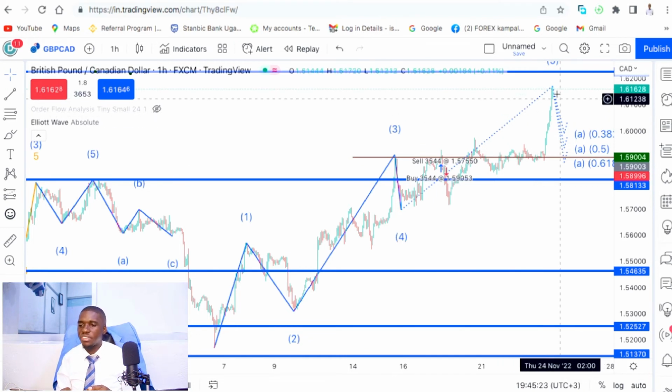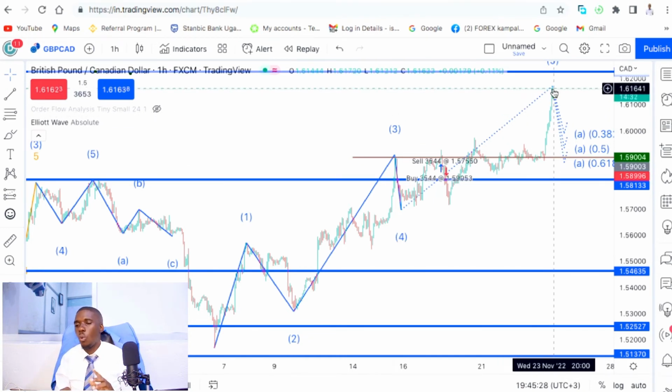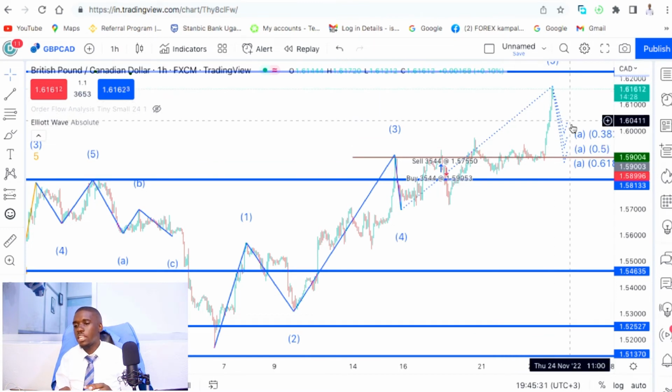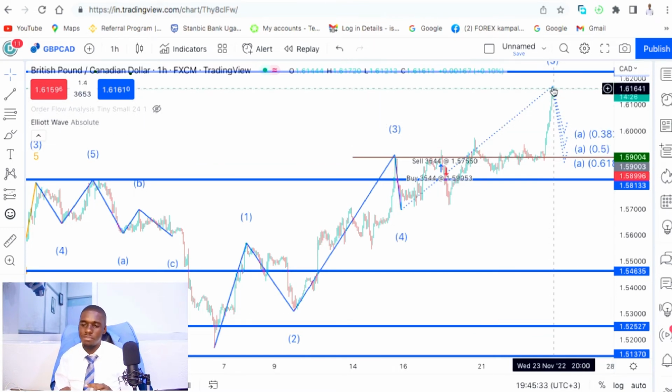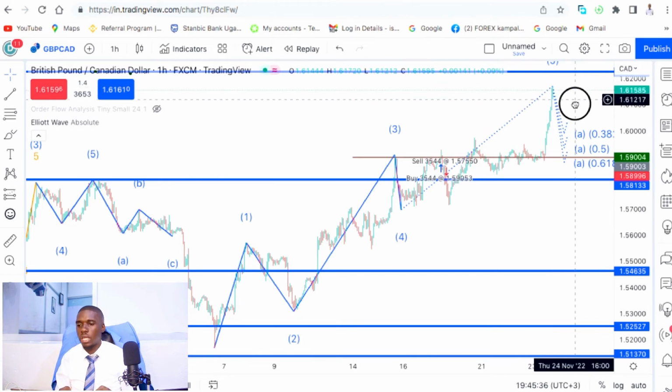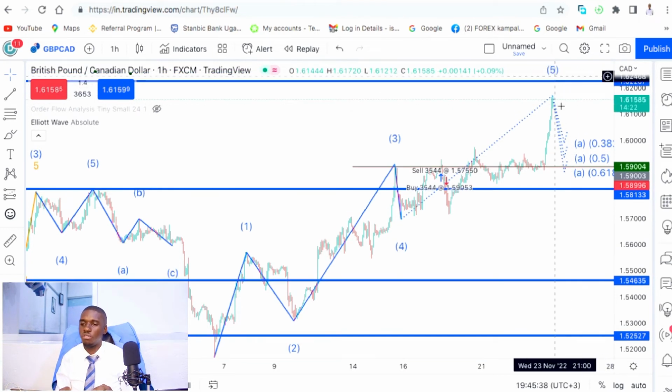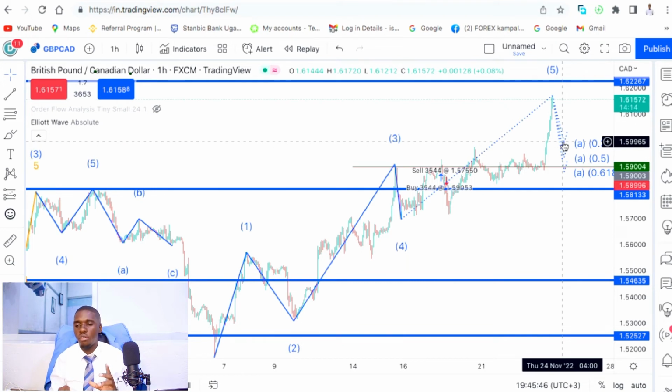So we probably think that at some point here is going to be the end of wave 5, and therefore we're looking at shorting at this point. That's why you can see we have the end of wave 5. The moment it confirms that it's wave 5, we're looking at shorting here to form wave A, that is, for the corrective phase, A, B, then C.